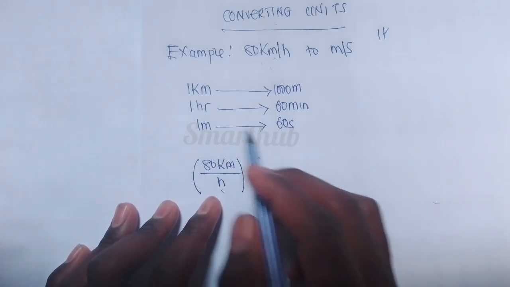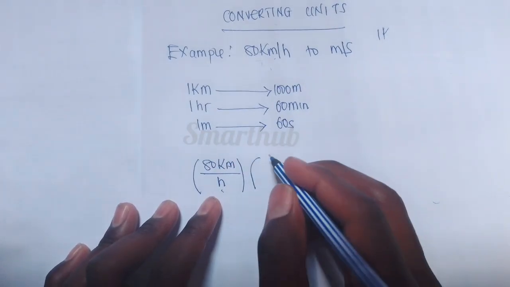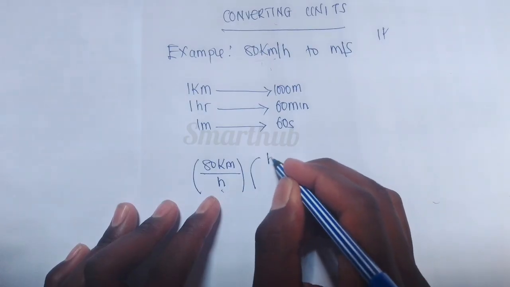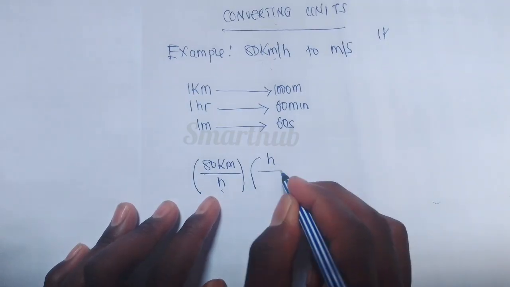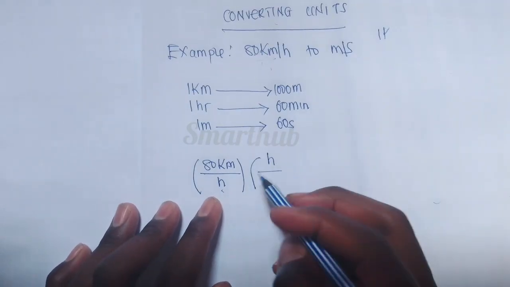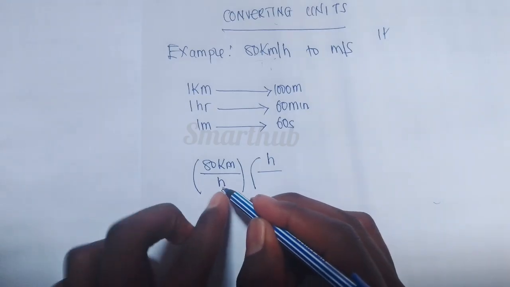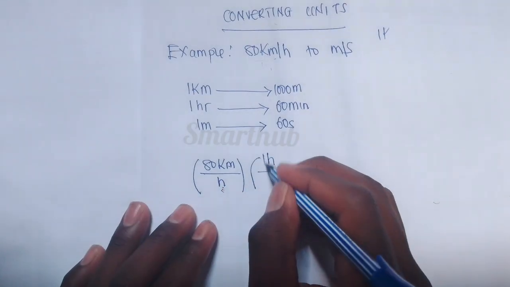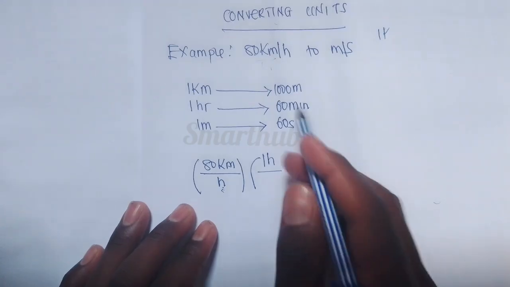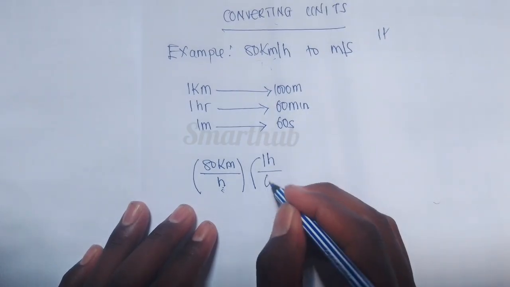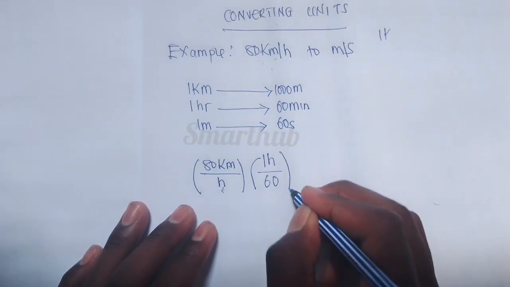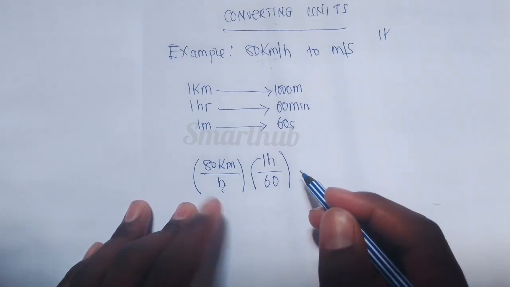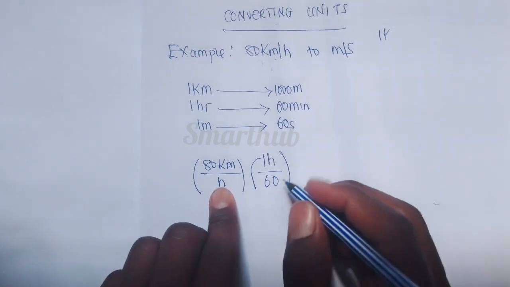You say 1 hour is equal to 60 minutes. So you write hour on top, so that it cancels with the hour below. 1 hour is equivalent to how many minutes? 60 minutes. You close, meaning this one is going to cancel with this one.